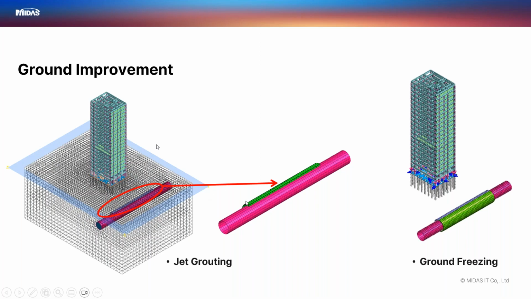So this is basically the ground improvement we have done in here. Otherwise, ground freezing has also been done, but it is a much more expensive process. I won't say jet grouting is a very cheap process, but compared to ground freezing, jet grouting will be a far easier and simpler process.